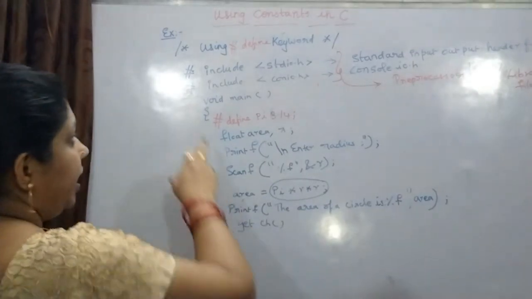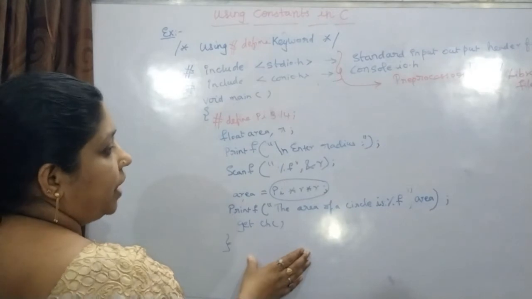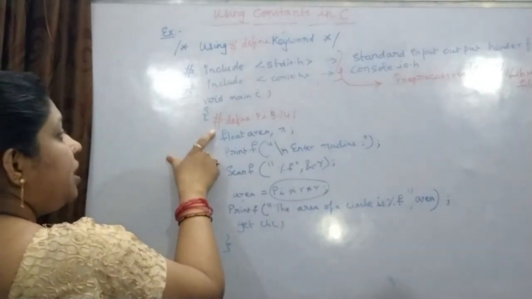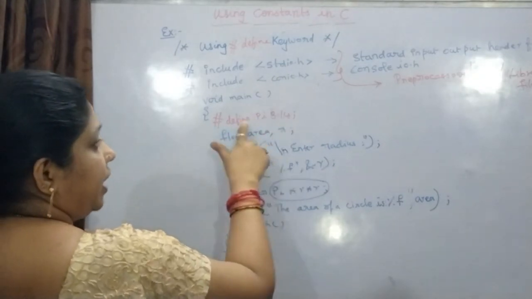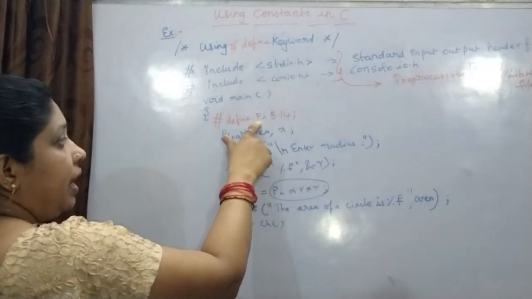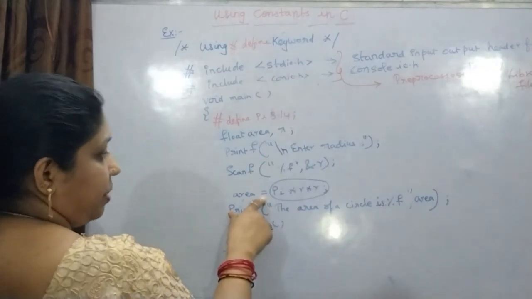Now I have written a program here. What I want to explain through this program is the meaning of this #define. This constant pi 3.14 I have given. I have assigned a value to pi and I am using this pi value in the program.